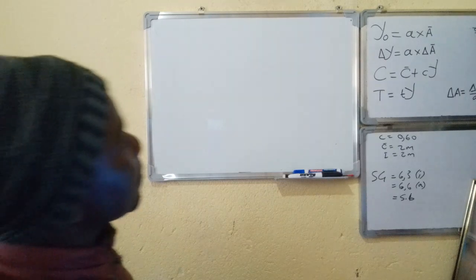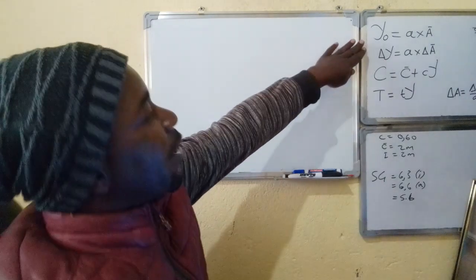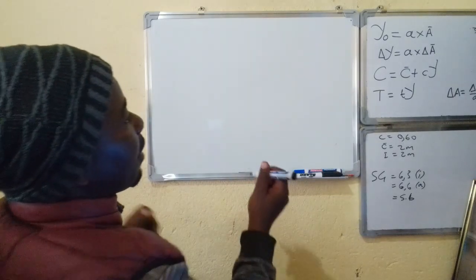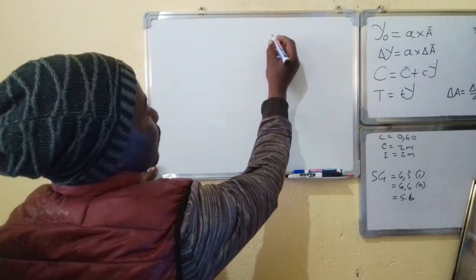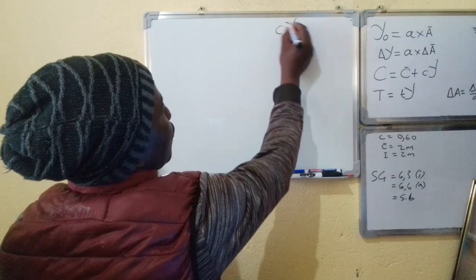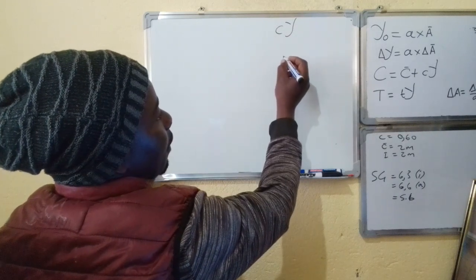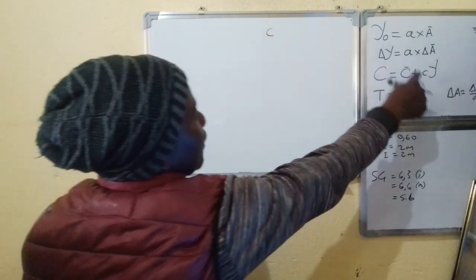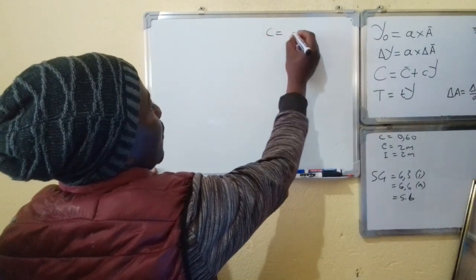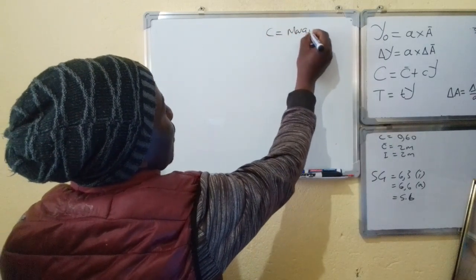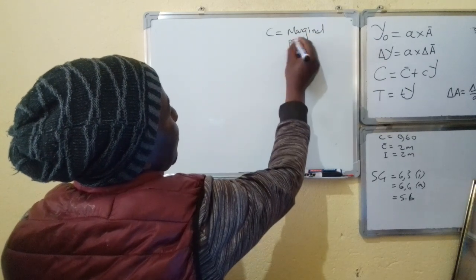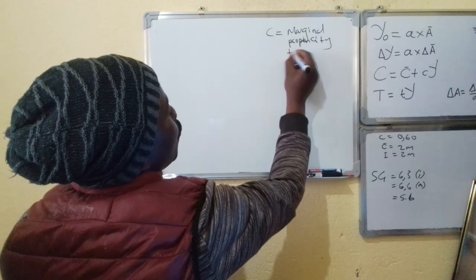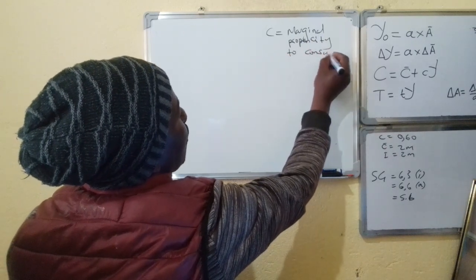So now let's see. You need to catch these formulas because they will tell you about, let me just add another one. This C into Y, or this little c, marginal propensity to consume.